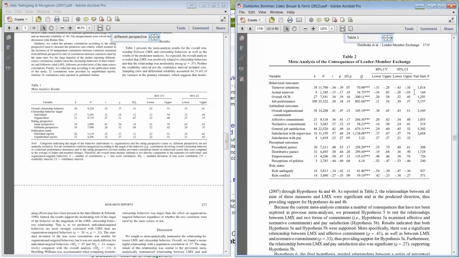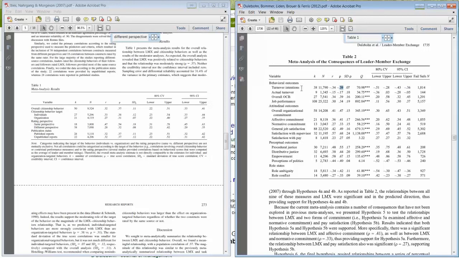And of course it is. 0.36, the absolute value of negative 0.36, is above 0.3. Therefore, we would want to include the relationship between leader-member exchange and turnover intention in our model, with the best estimate being a negative 0.39 effect.